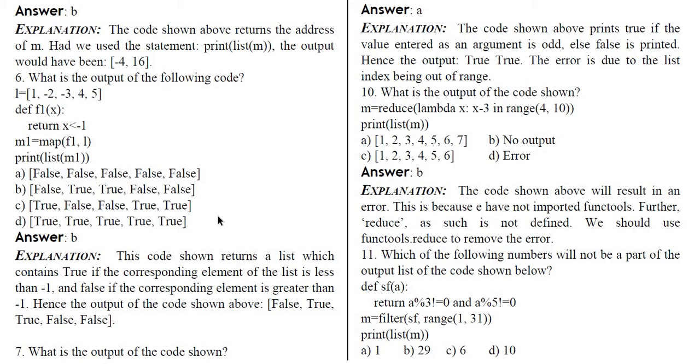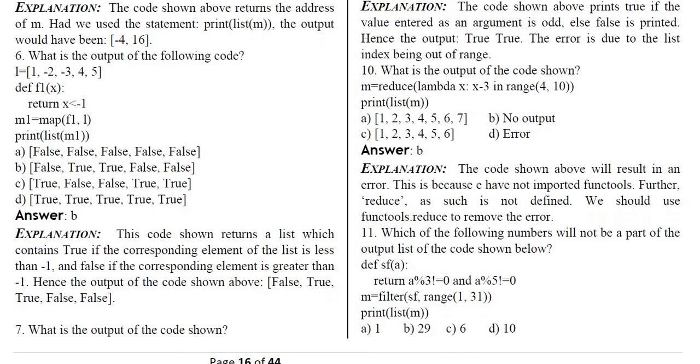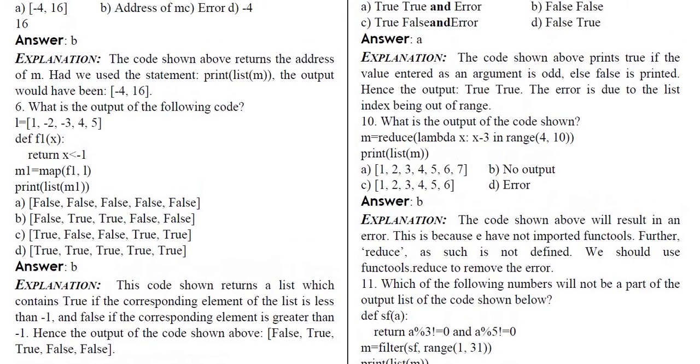So this is the use of the map function. So many new functions are coming here like lambda, map. That's why I try that we solve more and more questions, so you will get an idea how these functions work. Now next is, what is the output of the code shown?